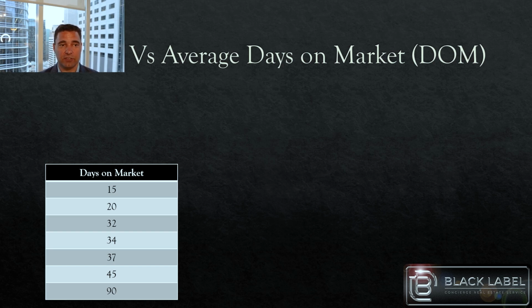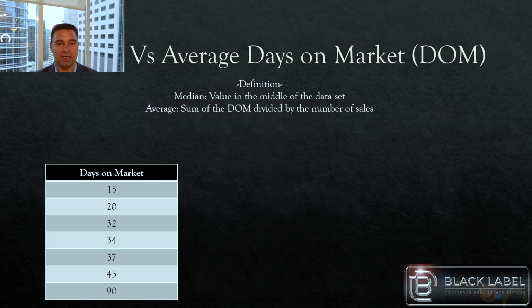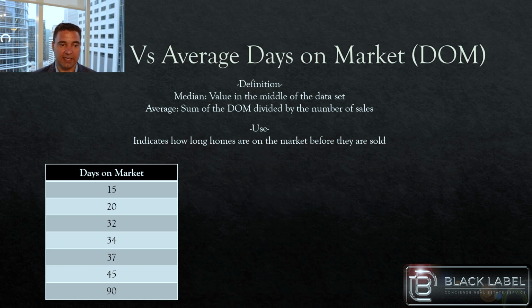So another good metric is the median versus average days on market. Again, this is much more clear when we don't have very many data points. This is just for round numbers, this is supposed to be really simple. We got 7 homes that sold. These are the different days that they were on the market, and you'll find that some sit on the market for a long time.